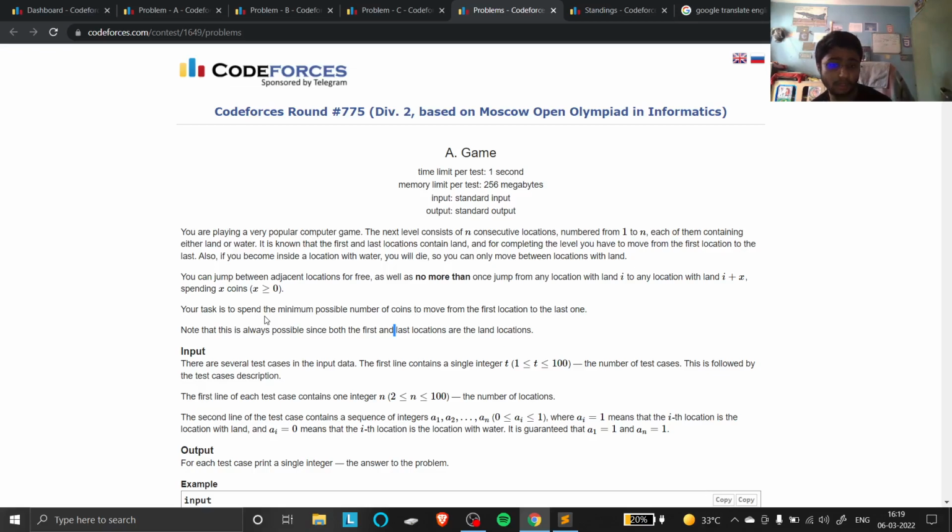As well as no more than once jump from any location with land i to any location with land i plus x, spending x coins. You can jump between adjacent locations for free. Yeah, I can jump as well as.